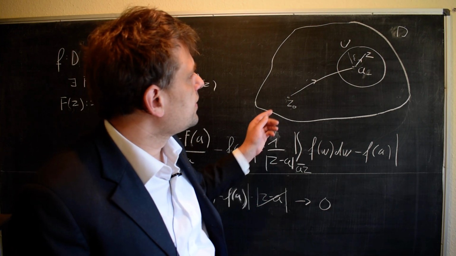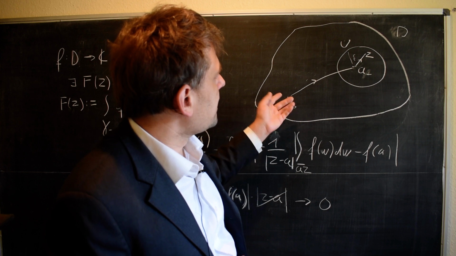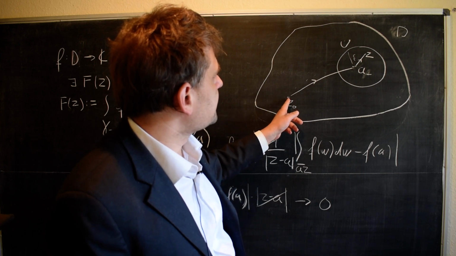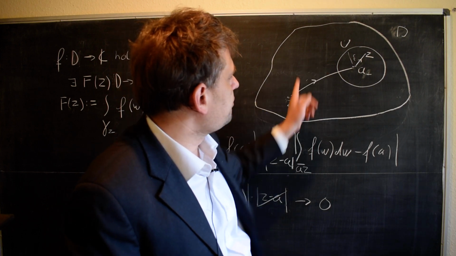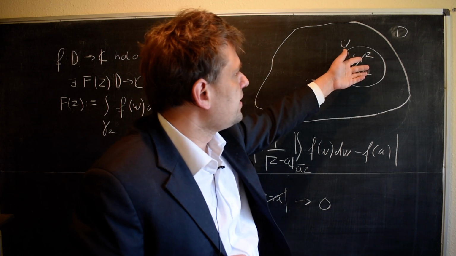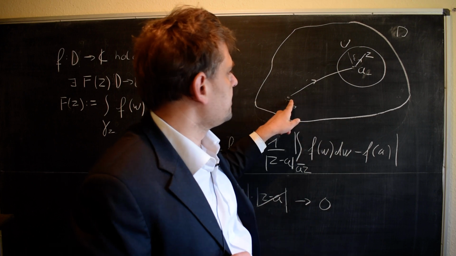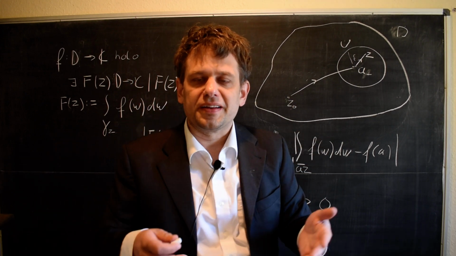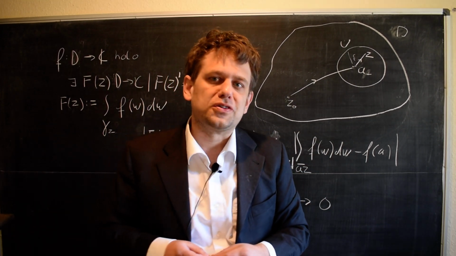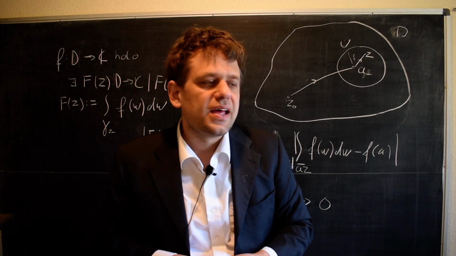In other words, when you start at z0 and go from z0 to z one way, and you pick another way to go back from z to z0, then this is a closed contour, and the integral along this closed contour is zero.